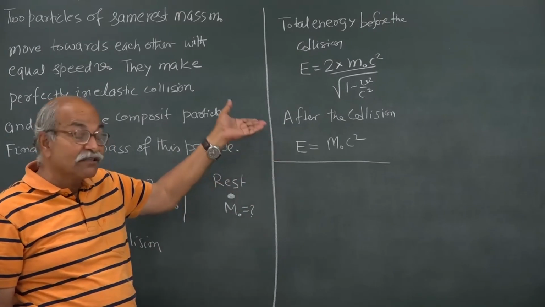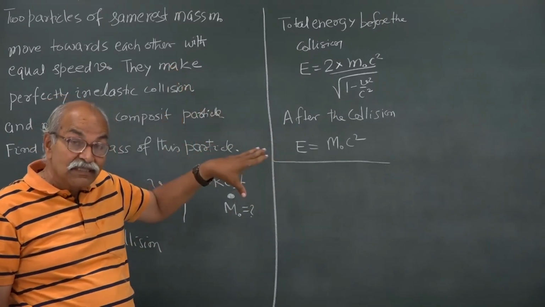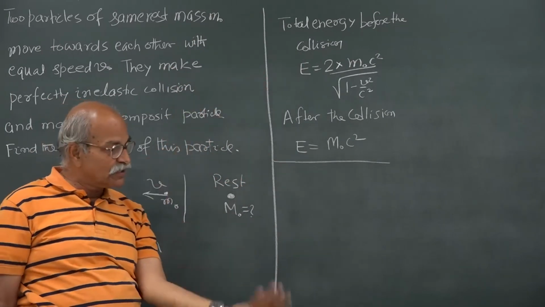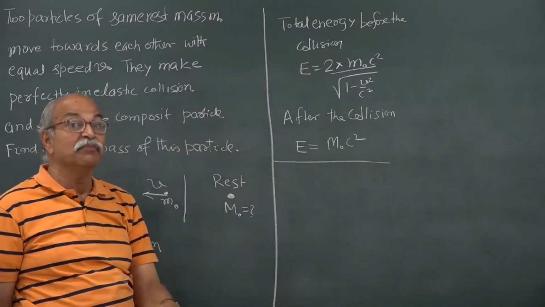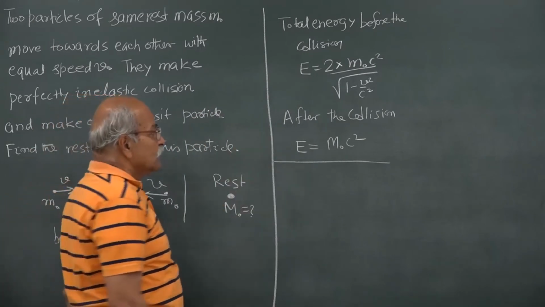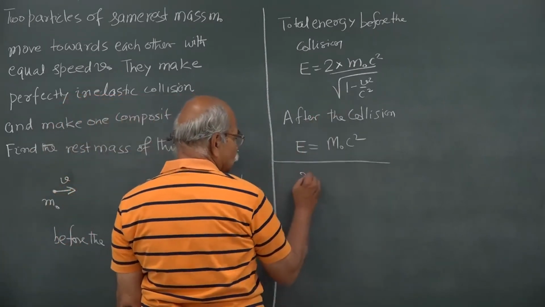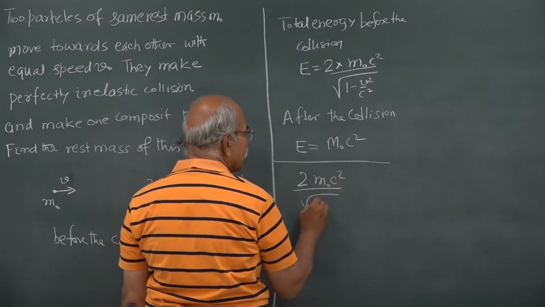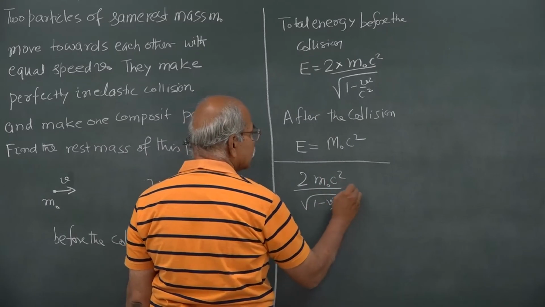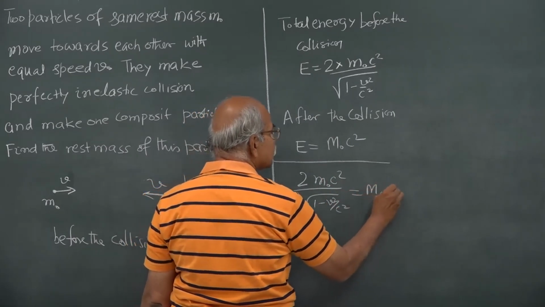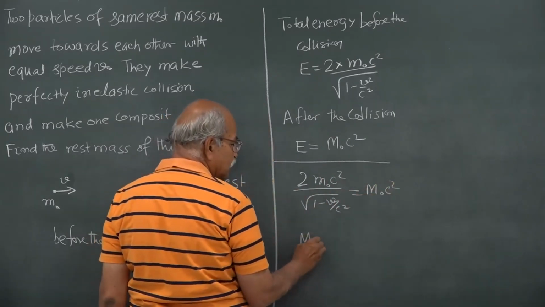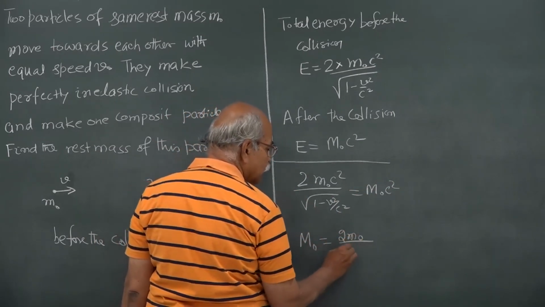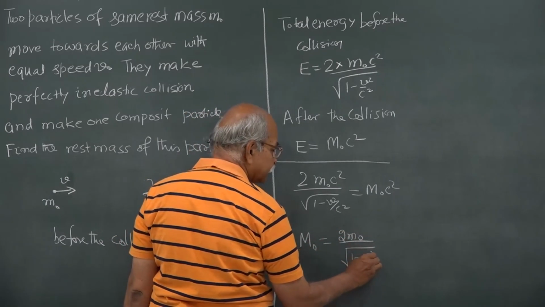Here, kinetic energy is lost, but then this rest mass energy should appear, and total energy remains constant. So 2 times m naught c square divided by square root of 1 minus v square by c square is capital M naught c square. So capital M naught is 2 times m naught divided by square root of 1 minus v square by c square.